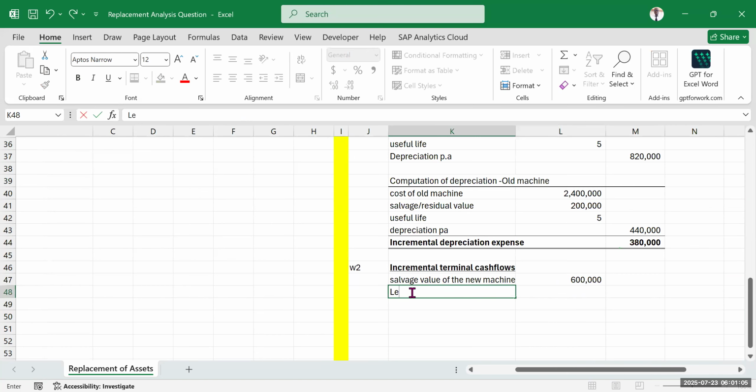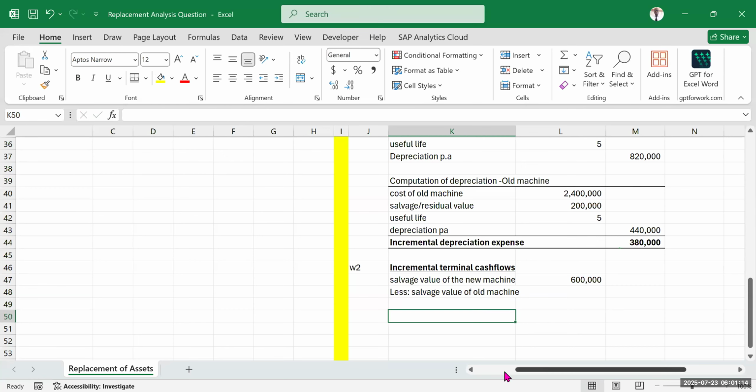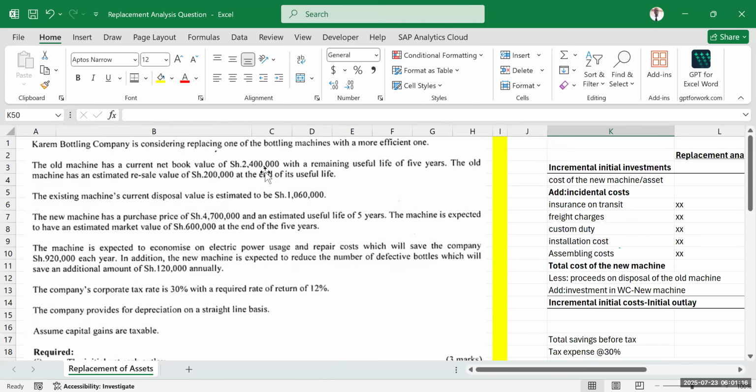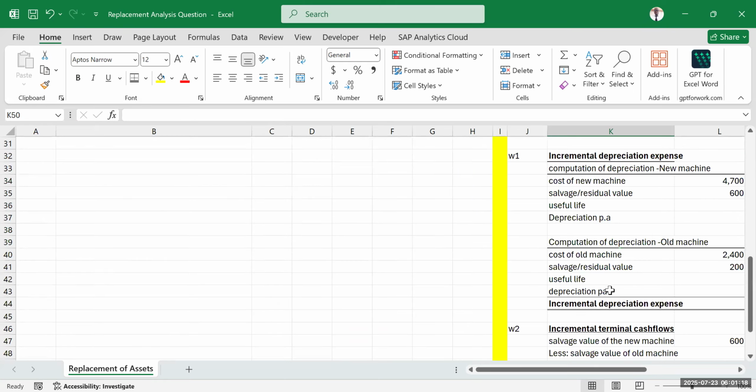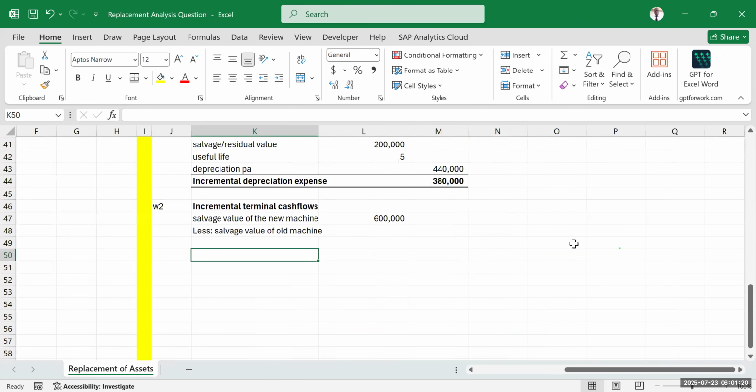Then we compare that 600,000 with the salvage value of the old machine. So we write there, less salvage value of old machine. Was it 200 or something? Let me confirm again. Yes, it was 200 there.